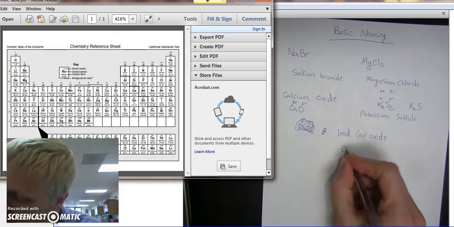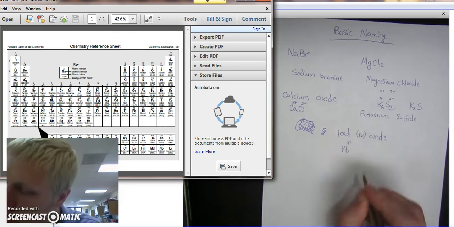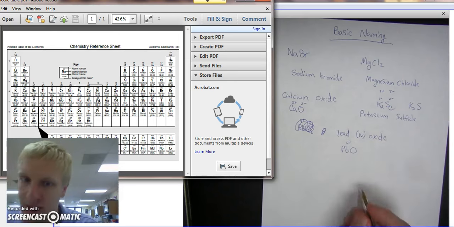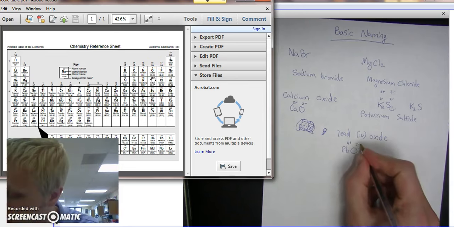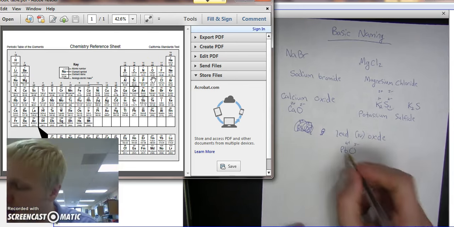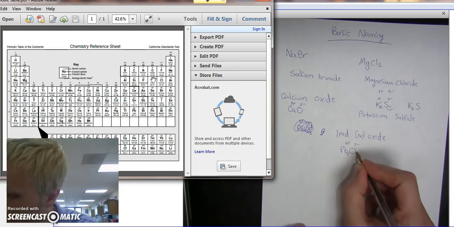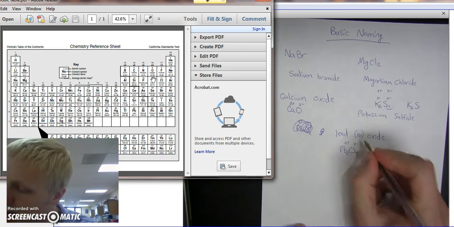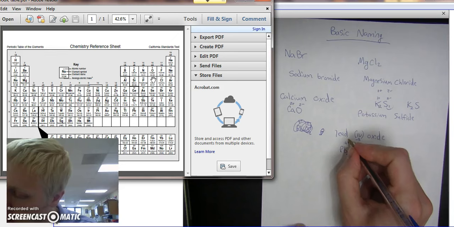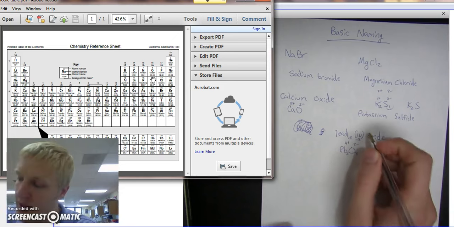So our lead is a 4 plus, and oxygen, we have memorized that this whole column is a 2 minus charge. If we crisscrossed it, you would have 2 here, and the 4 go to the oxygen. 4 times 2 is negative 8, and 2 times positive 4 is plus 8. Plus 8 minus 8 is 0.